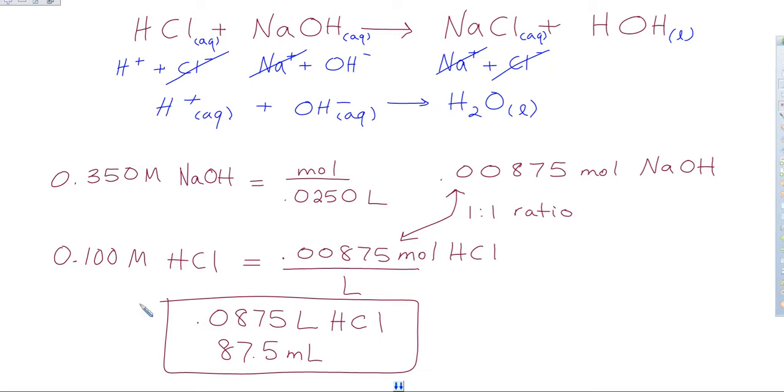A lot of acid-base stoichiometry really is just that. It's a lot of looking at the ratio in the balanced equation. It's often 1-to-1s. This next one, I really enjoyed. This was fun. Let's get the equation down.